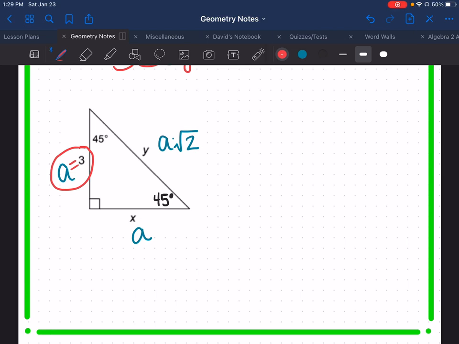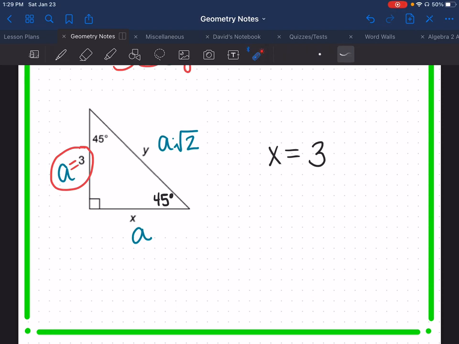So all I have to do to find X and Y is to plug in that value for the variable A. Because right here, X is going to be equal to A. So that means X equals 3. That's it.